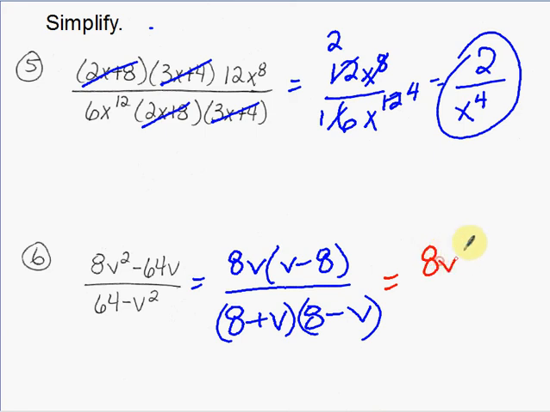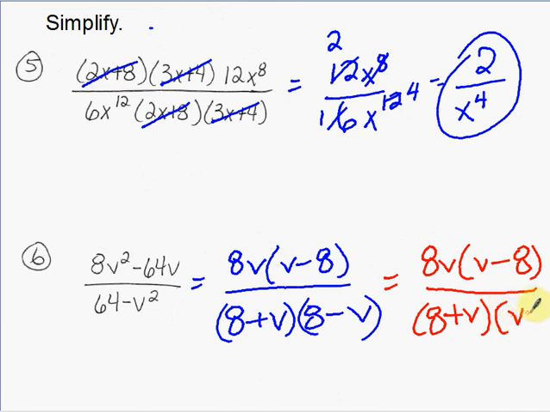I'm going to keep the 8v times the quantity v minus 8 over the quantity 8 plus v times the quantity, now look what I'm going to do here. I'm going to write this as v minus 8, and in order to do that I'm going to pull a negative 1 out in front. You see I changed the sign, the v became positive and the 8 became negative. I switched the signs, and I could do that because of this negative 1 that I factored out.